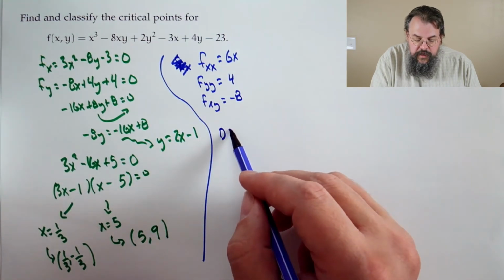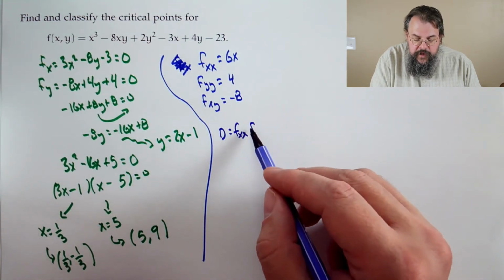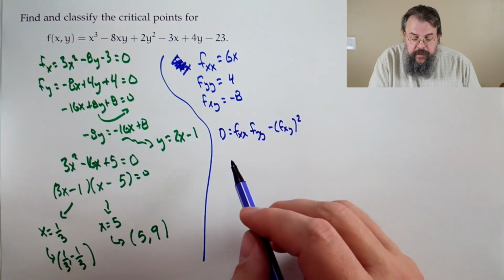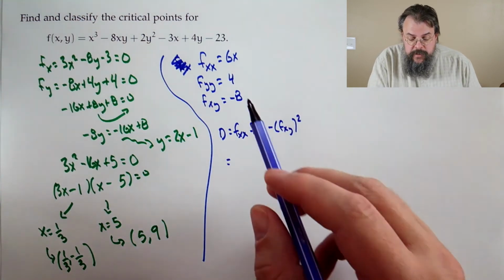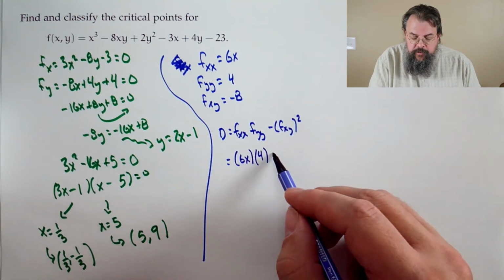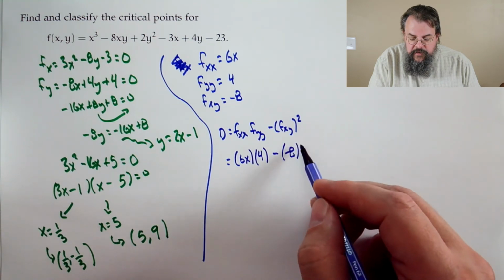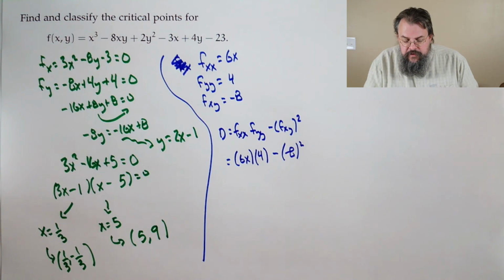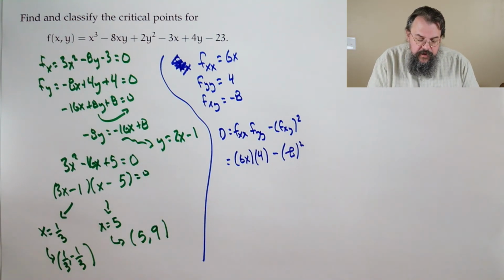So D, which is fxx fyy minus fxy squared, will become 6x times 4 minus -8 squared. It's interesting here, there's not even a y involved.